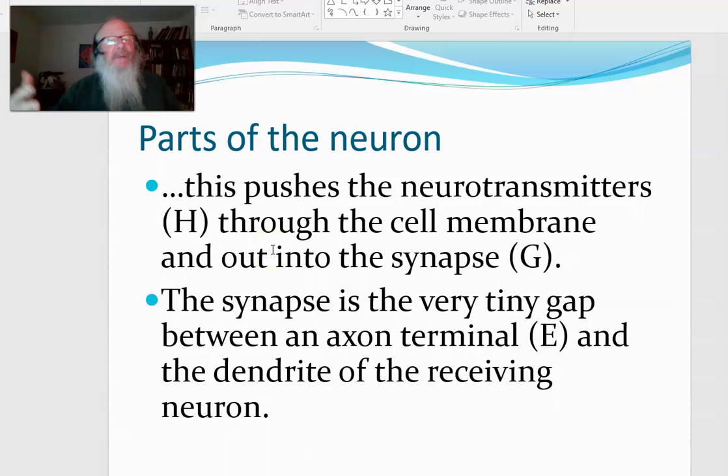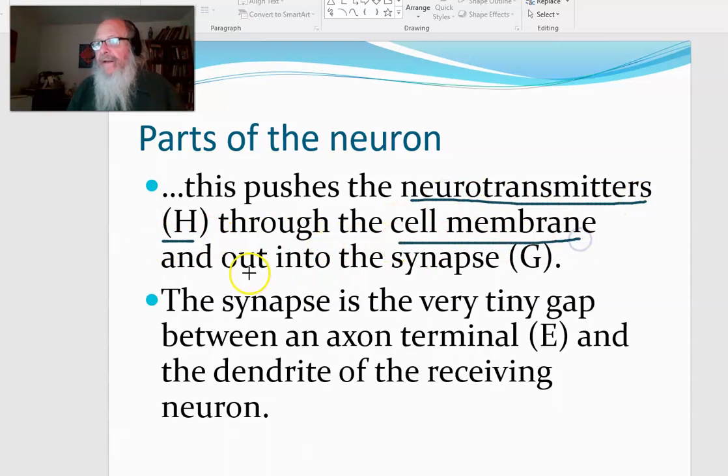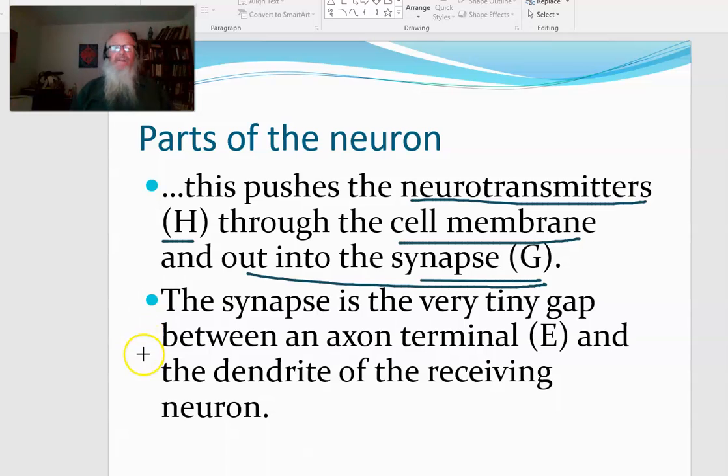What does the synaptic part of the name synaptic vesicle refer to? The action potential pushes the neurotransmitter chemicals through the cell membrane and out into what's labeled G, the synapse. The synapse is a very tiny gap between the axon terminal and the dendrite of a receiving neuron.